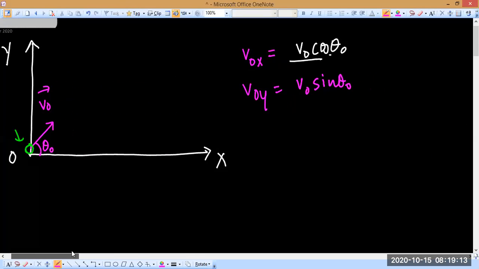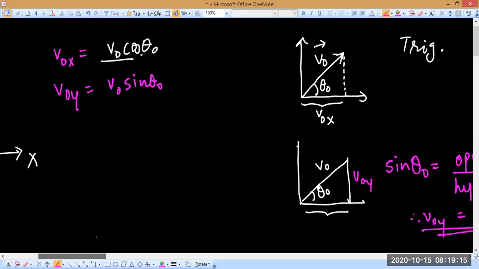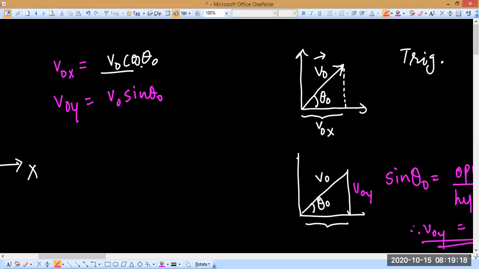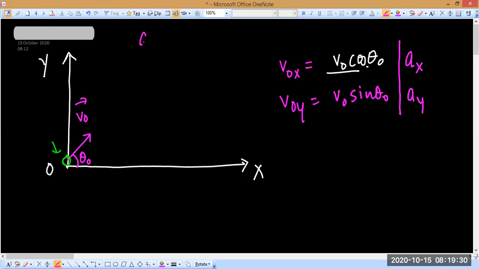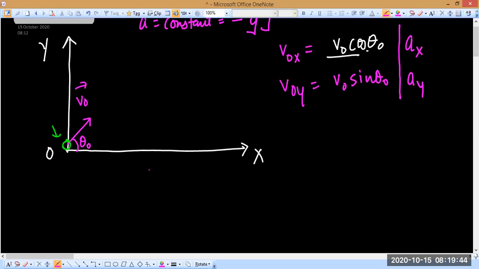So now we have got the components of initial velocity, right? Now next, components of acceleration. Acceleration is constant here, and in fact it is equal to minus g j caret, because Earth is going to attract this object, whatever you are throwing, maybe a stone or a ball.